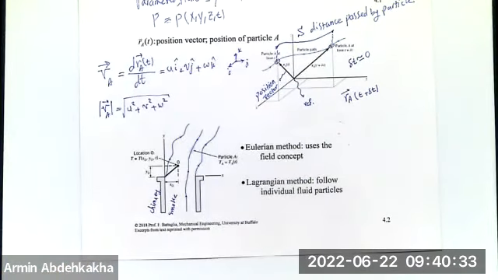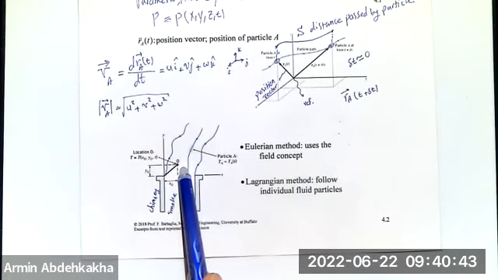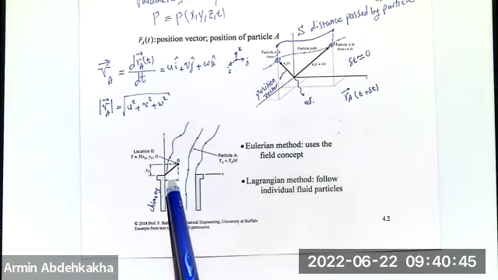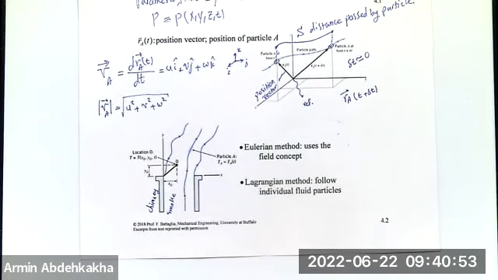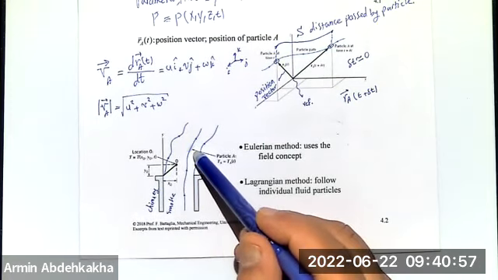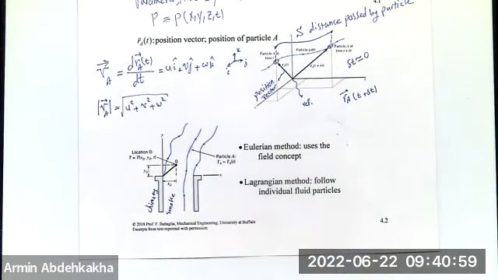In the Eulerian method, you can decide where your reference point is, the point that you want to measure the temperature for, and put your temperature sensor there, and take the temperature of the flow at a specific point, but over time.